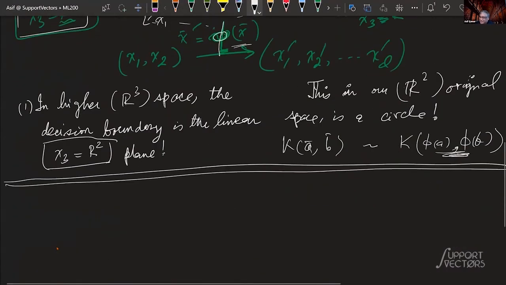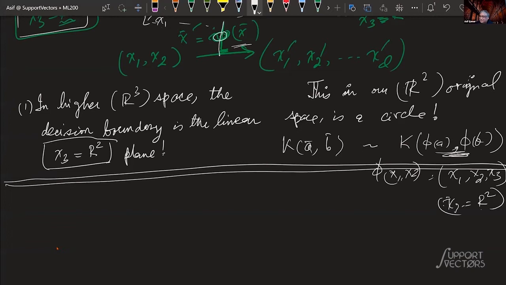The new points phi of x1, x2 are this set: x1, x2, x3, where x3 has this relationship, the constraint equation, x3 is equal to r squared. Thanks, Asif. I'm getting the hang of it.